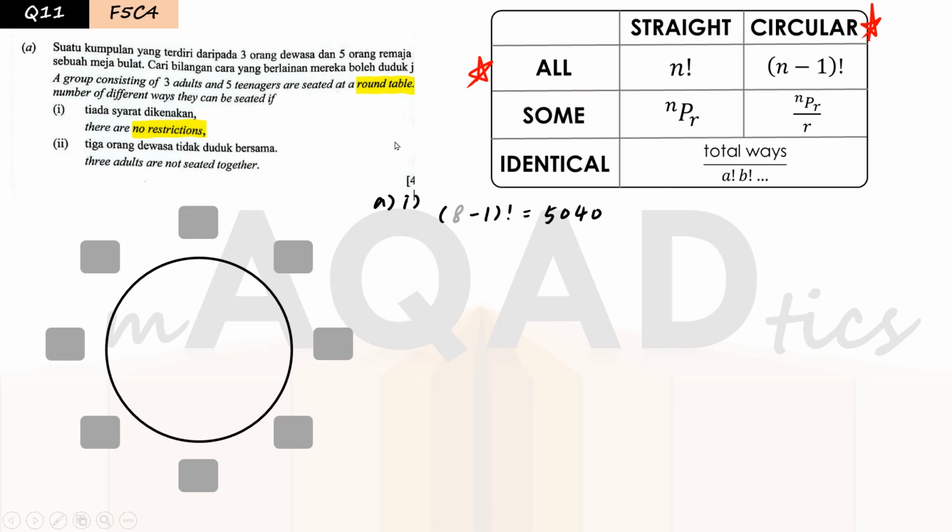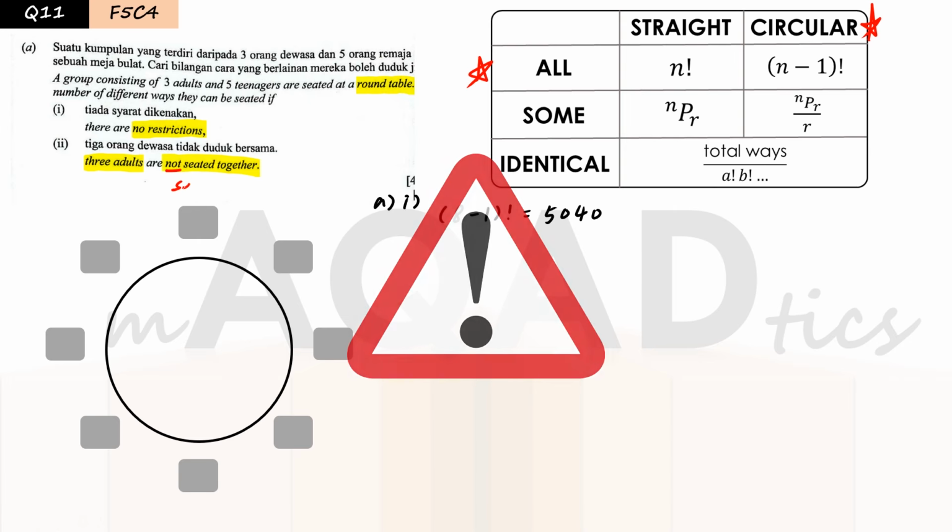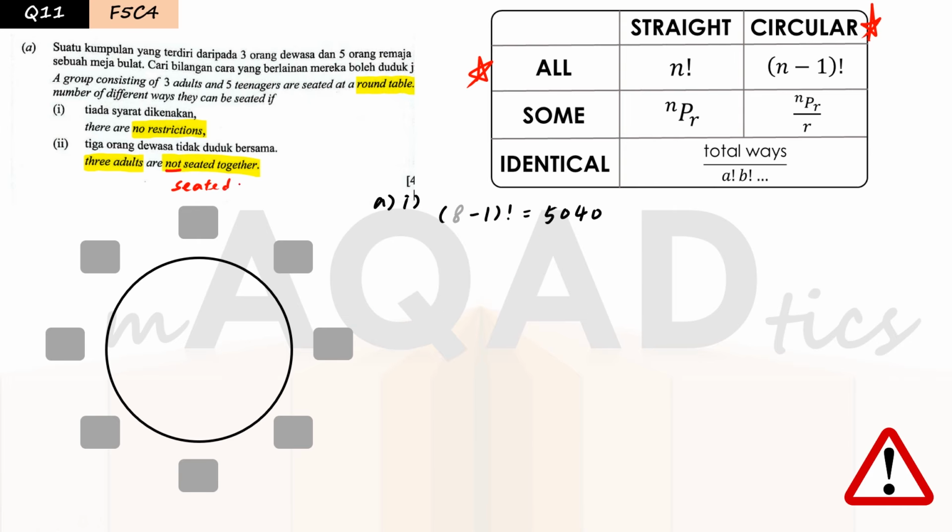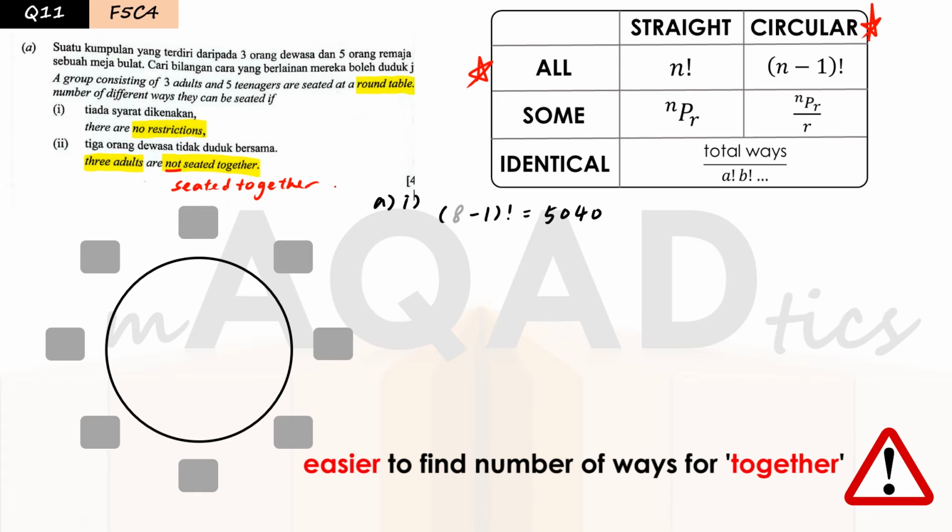And for part 2, the condition is 3 adults are not seated together. If we compare not seated together with seated together, finding the number of ways when seated together will be easier, because we have a technique to find the number of ways when they are seated together.